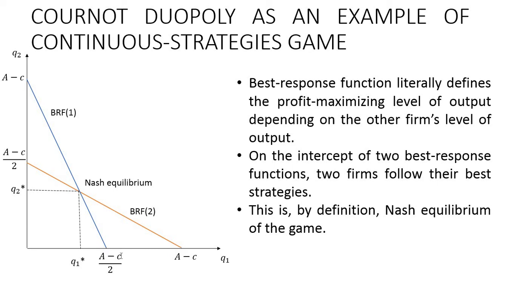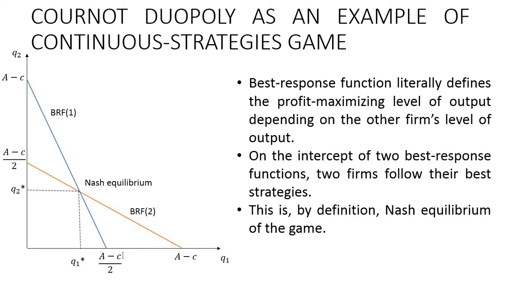Okay, and on the intercept of two best response functions, we have Nash equilibrium. Again, you need to recall the definition of Nash equilibrium. I will do it for you. So Nash equilibrium occurs when two players pursue their optimal strategies simultaneously and being aware that other players do the same. In our case, of course, firms.